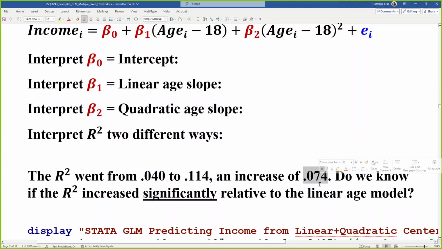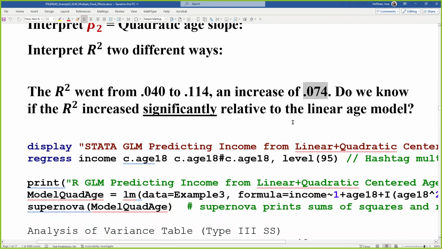There's a one-to-one correspondence. Beta 0 is always there. The empty model always has beta 0, then we add a linear slope, then a quadratic slope. If the new thing is significant, the change to the R-square has to be.